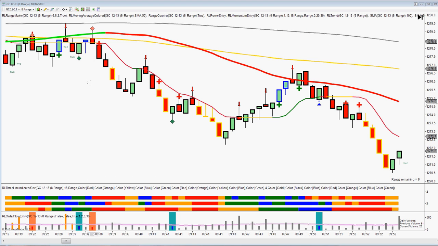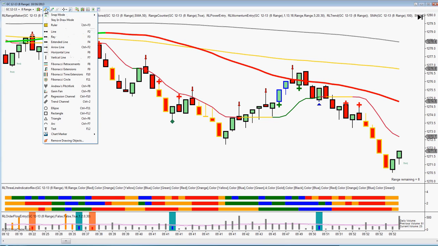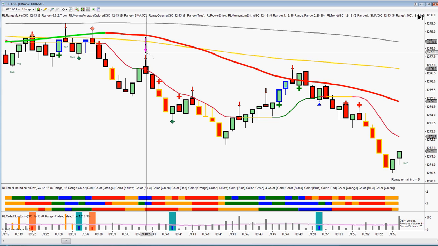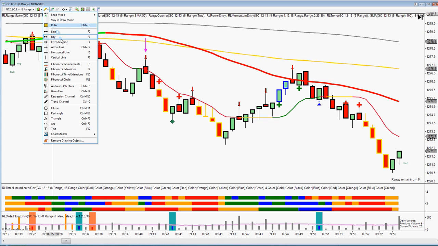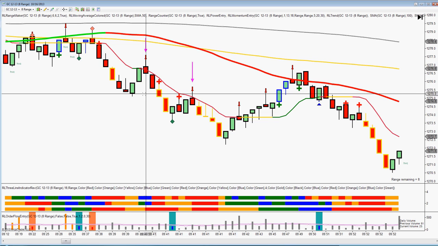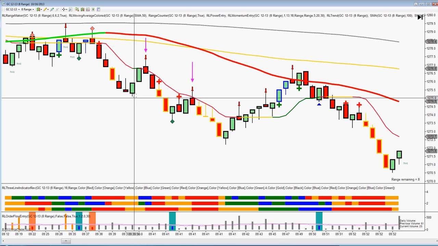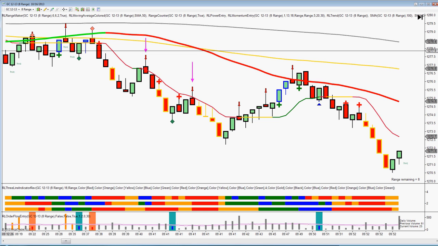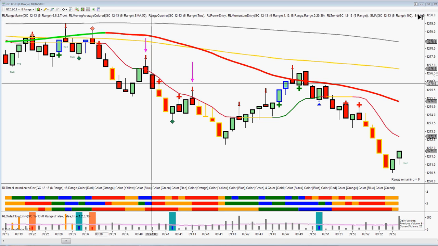Now, here we have two great power entry signals to the downside. The first power entry comes after a very, very deep pullback. And this retracement is so deep that it serves to turn the three line.